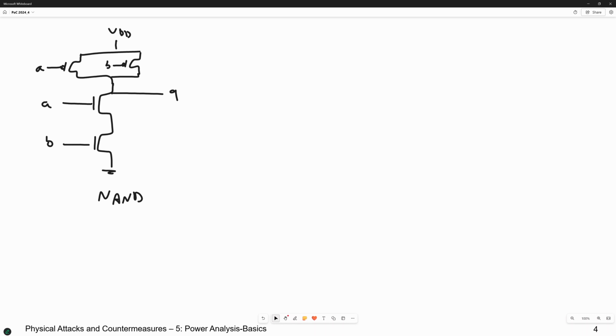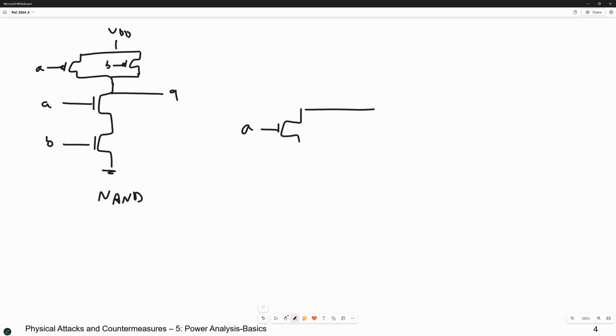How do you build NOR? For NOR, it will be all the way around. Means that A and B, which are in series here, will be in parallel, and these which are actually in parallel will be in series. Yeah? Then we will have something like this.